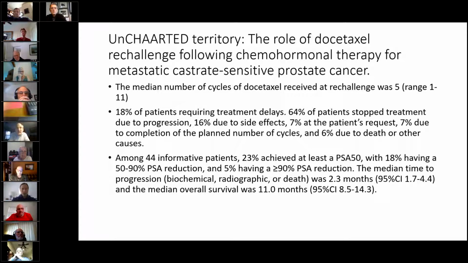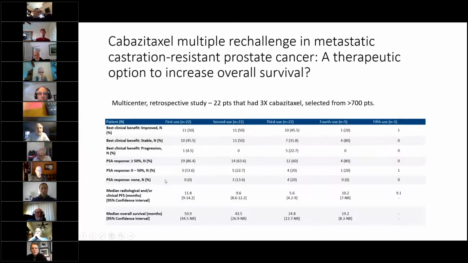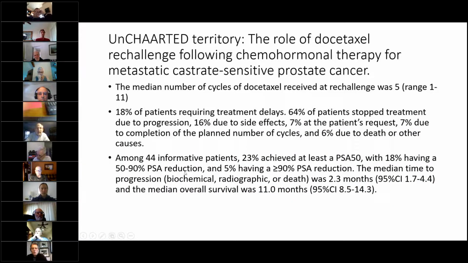Basically here, when they used docetaxel rechallenge, they didn't get a great response. So in the previous one, they sort of are intimating that cabazitaxel can be used, but here the numbers for me were not that great.